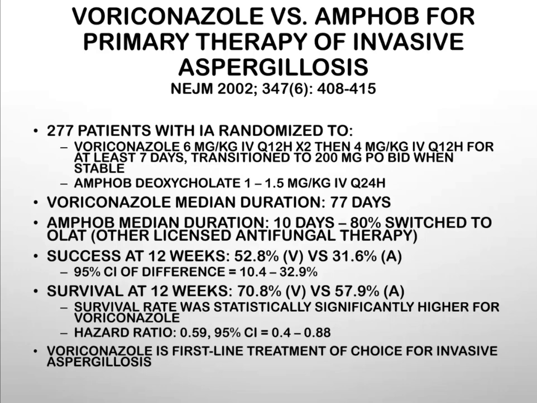The median duration of therapy with voriconazole was 77 days, but with amphotericin B, the median duration was 10 days because 80% of them had to be switched to other antifungal therapy, which was almost exclusively due to nephrotoxicity. So as a result, voriconazole had a higher success at 12 weeks and, more importantly, survival at 12 weeks. So based on this, it's considered to be the treatment of choice for invasive aspergillosis, but we don't have a head-to-head comparison with lipid formulations.